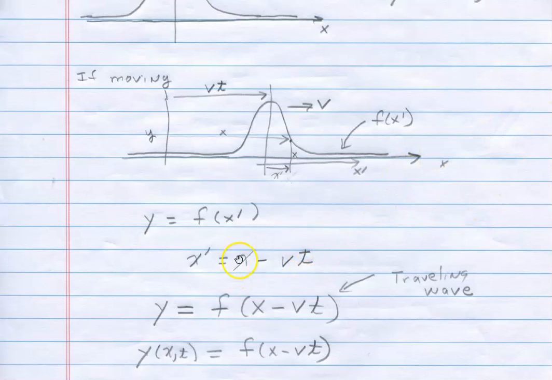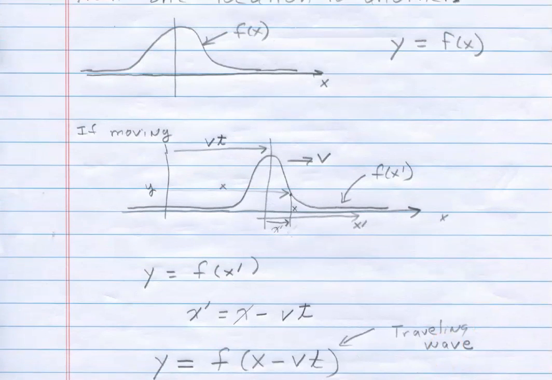I can then plug that in for the description at that point, and I get y, the height of the wave, is equal to f of x minus vt. And so this is a traveling wave that's moving in the positive x direction with a constant speed v. I'm also assuming there's no distortion or attenuation of the wave. So this is sort of an ideal case.